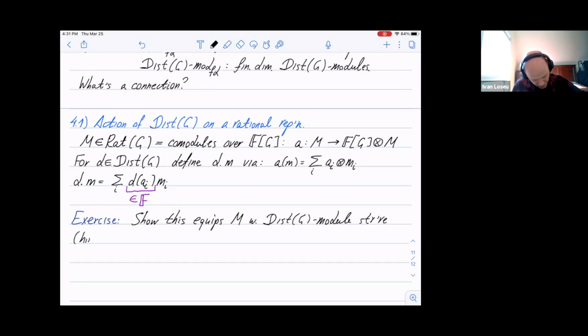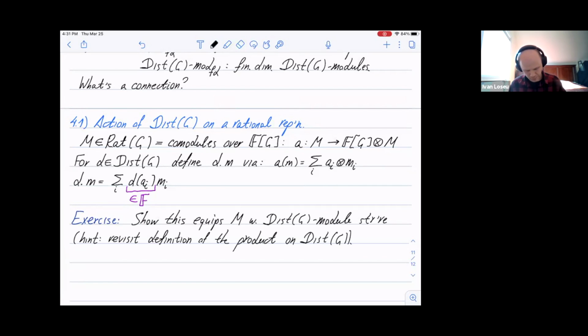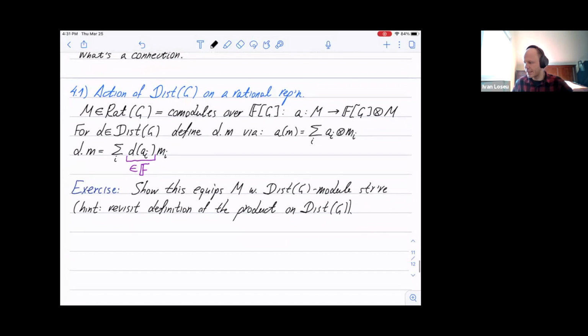And a hint: revisit the definition of the product on Dist of G. Okay, so from a rational representation, I can get a module over the distribution algebra.